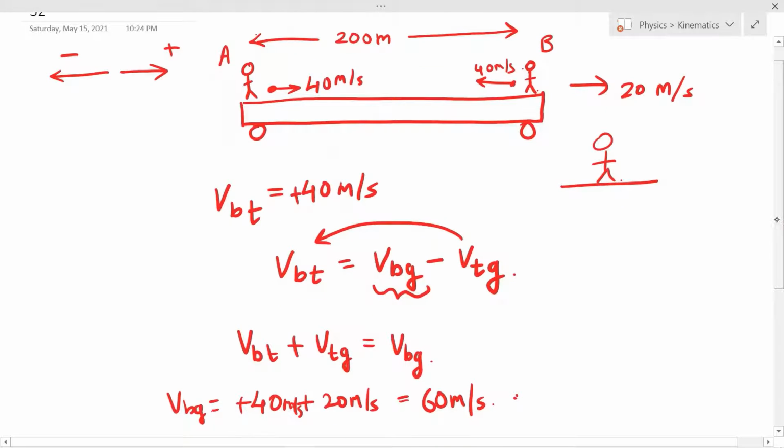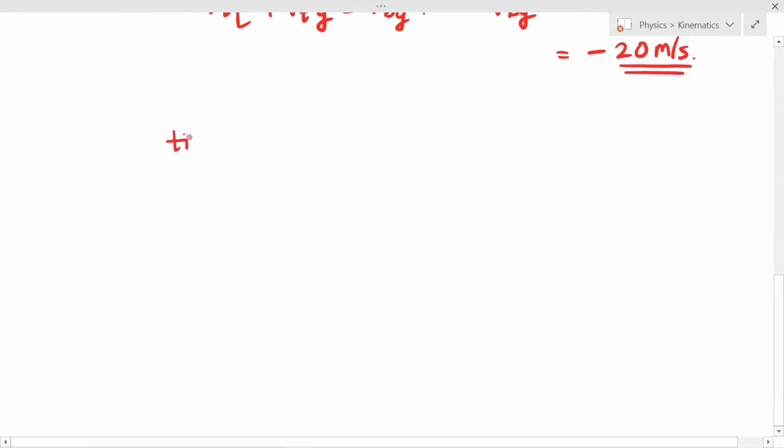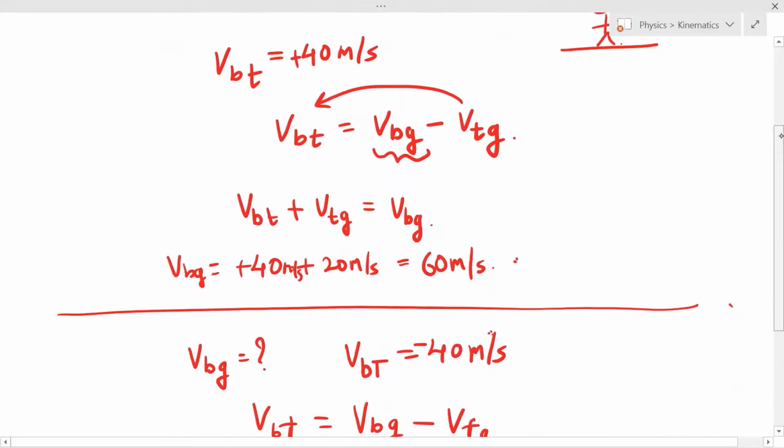Now what is the time taken by this ball to reach this person B from this person A? So what will be the time taken to reach from person A to person B? We know that this trolley is moving with a certain speed, 20 meter per second.